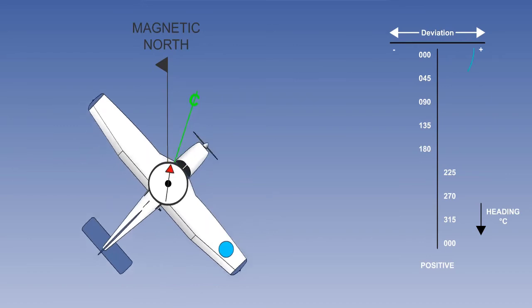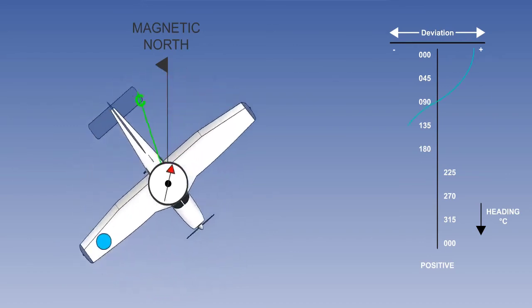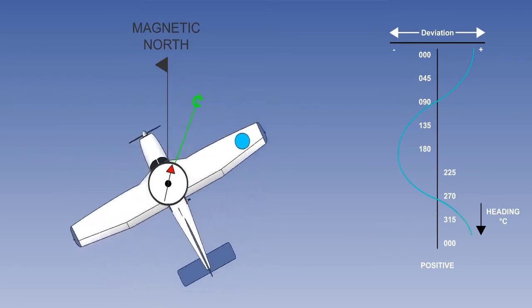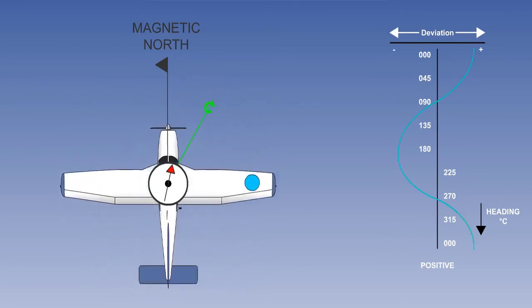Following this through a 360-degree turn in a clockwise direction will result in a positive cosine curve. We can therefore say that the contribution to deviation from lateral aircraft magnetism is a function of the cosine of the heading. The combined lateral hard and soft iron component of aircraft magnetism is known as coefficient C.